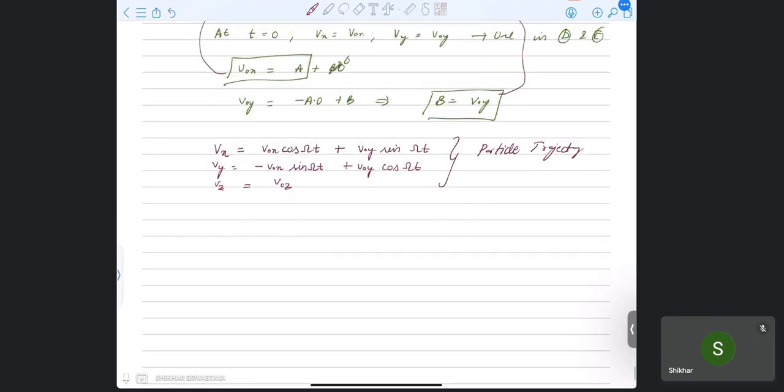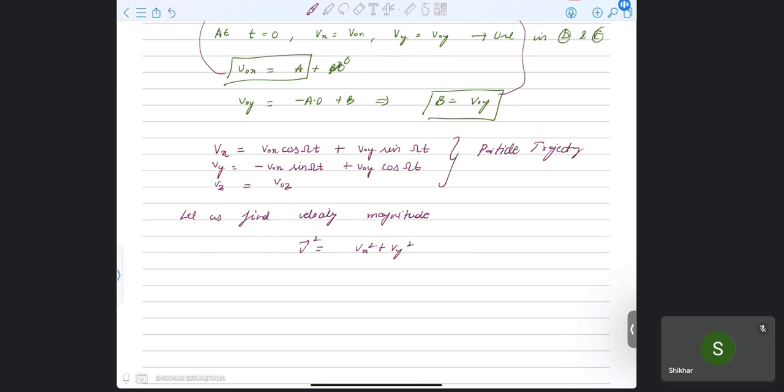Okay. So now let us find the absolute magnitude of velocity. It will be the square root of the sum of squares of all the terms. V square is Vx square plus Vy square.